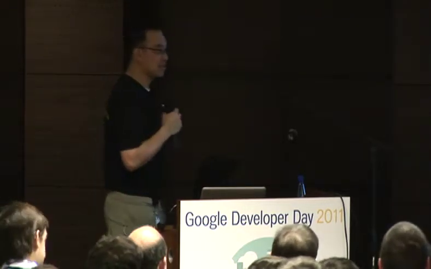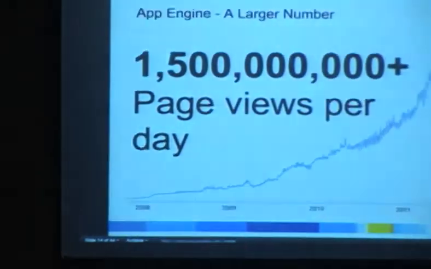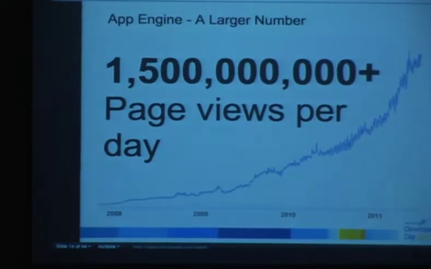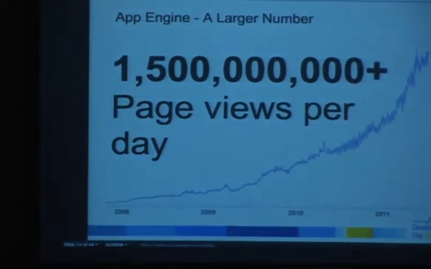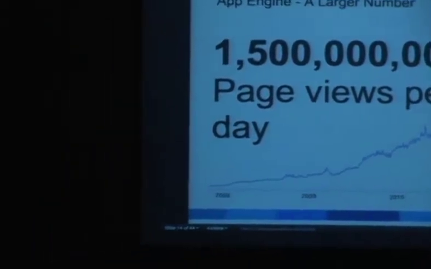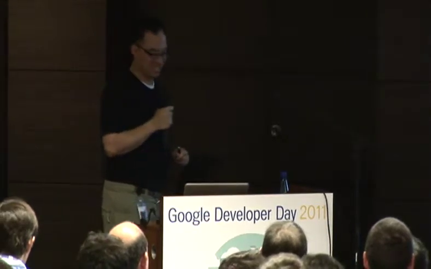That's a lot. The real numbers for all of these are actually a little bit bigger, but we don't like to say what the real numbers are. So this is the minimum number we can tell you: more than 1.5 billion, maybe closer to 2 something. But as soon as it passed 1 billion, one senior vice president noticed, and then we got a wine and cheese party. And then one more piece of good news that I'll tell you about in a few minutes.